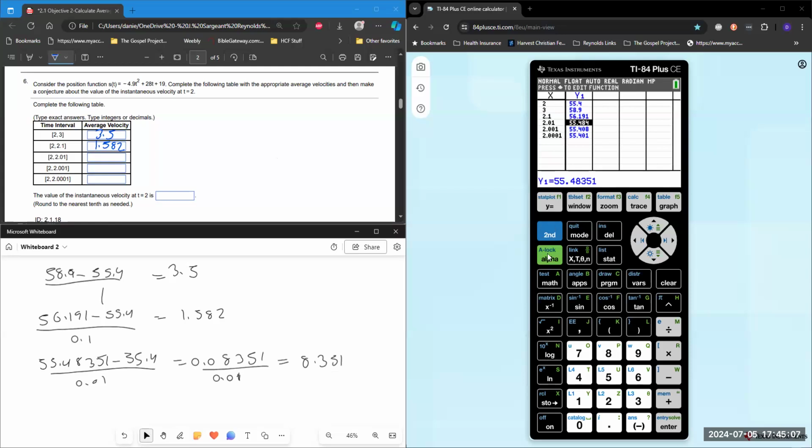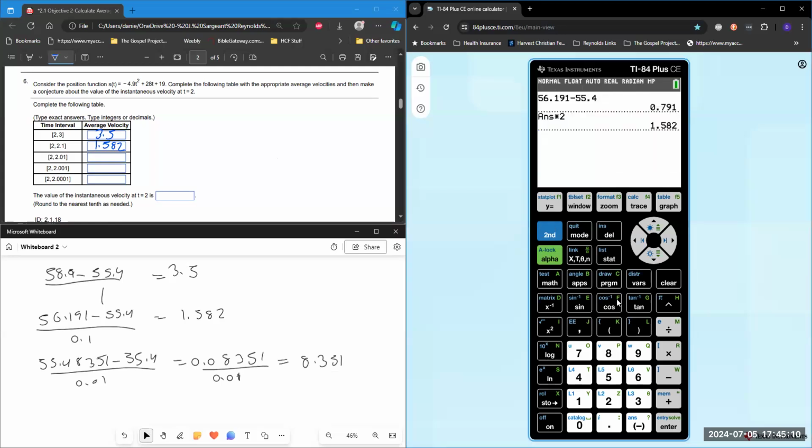Let's check this one again. 56.191 minus 55.4 divided by 0.1 is 7.91.